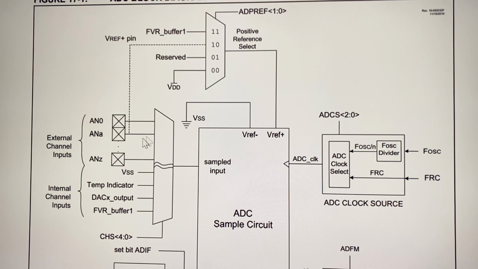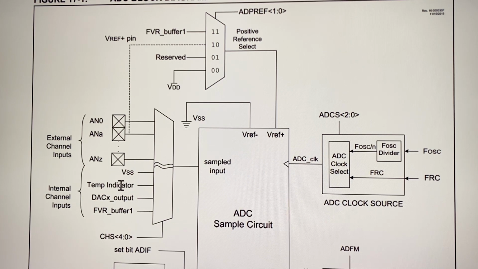and every single one of these is selected using this multiplexer. This is an analog multiplexer. The selector channels, CHS, are from 0 through 4. So with these 5 bits, you can select any one of these, or you can select a ground.